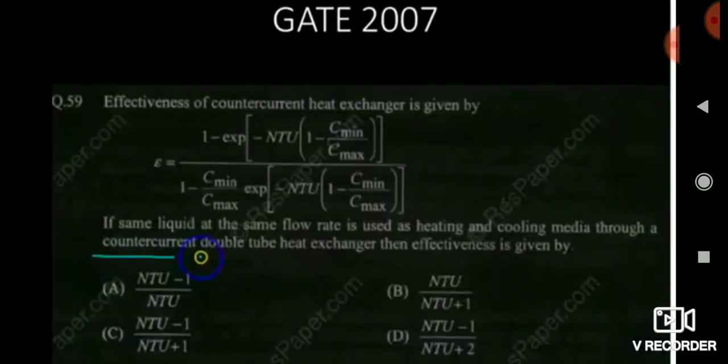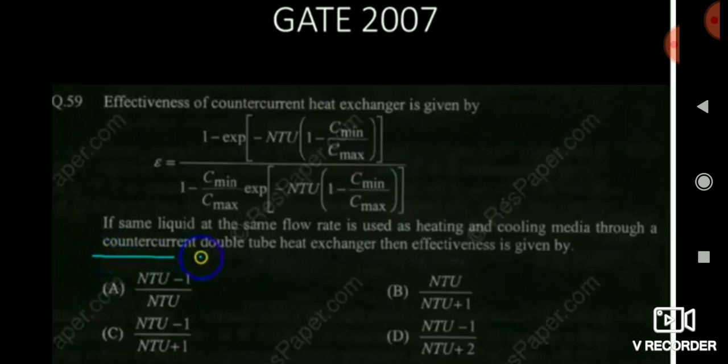Friends, I will show you the question asked in 2007. Everything is given, and it says that if the same liquid at the same flow rate is used as heating and cooling medium through the counterflow double pipe heat exchanger, then what will the effectiveness be? Here the same liquid means its specific heat is the same, and the same flow rate means its mass flow rate is also the same, so m into Cp is equal to m into Cp.